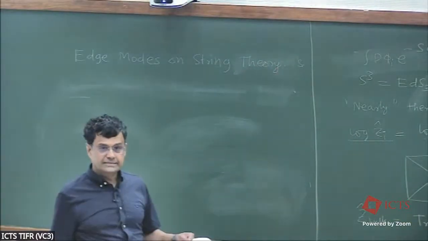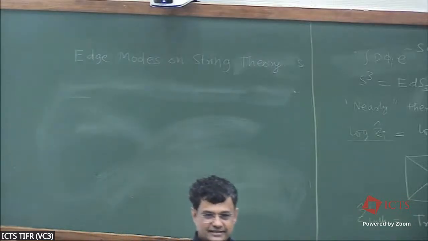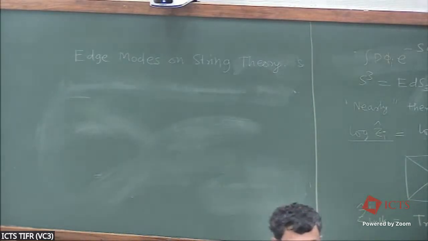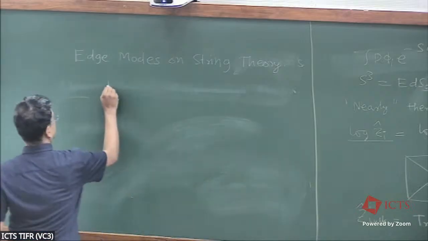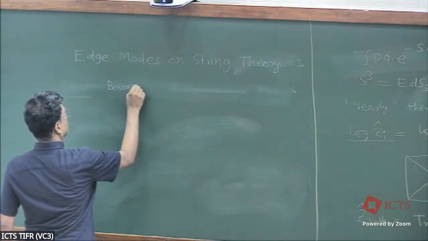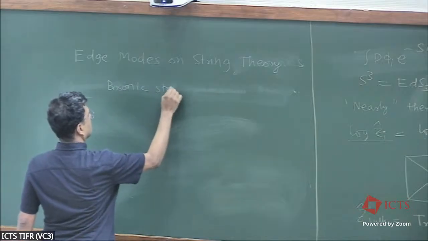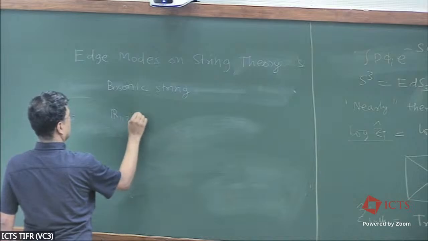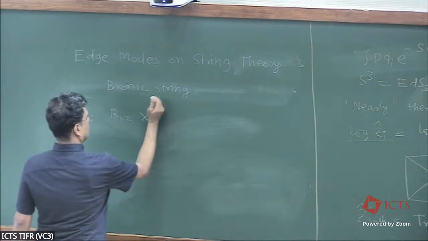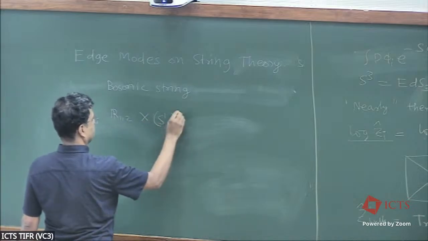Given a de Sitter 3 answer for all fields, I can imagine doing bosonic string theory, let's say on S1 to the power 23.